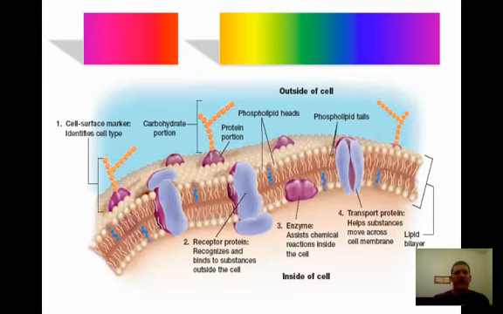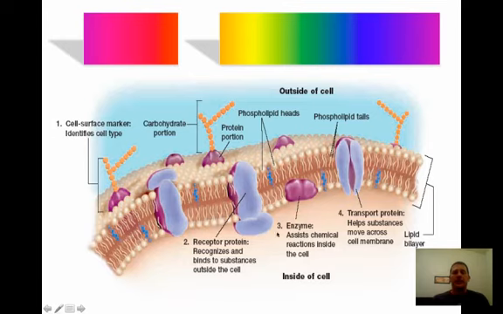So here's kind of a cross section of everything I was just talking about: the transport proteins, the carrier proteins, the glycoproteins. This is how stuff gets in and out of the cell. You got these cell markers which identify the cell type. So if it's not foreign and it's okay, it's going to say, okay, this is a great thing. We're going to let it in. Then you have these receptor proteins. These are what's actually going to bind to it.